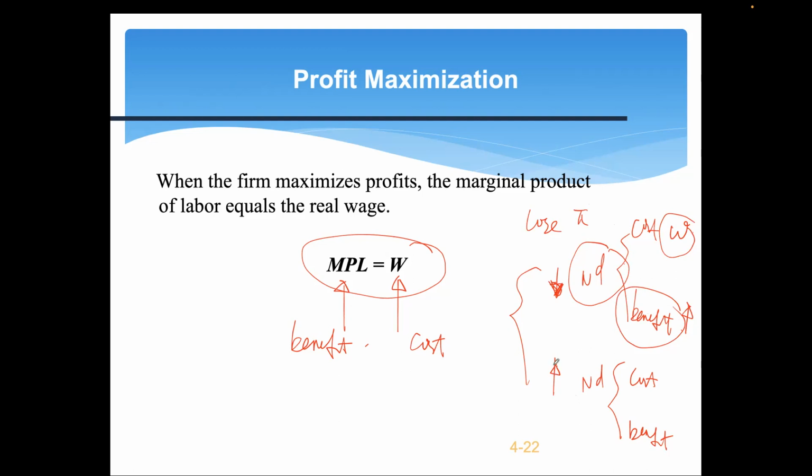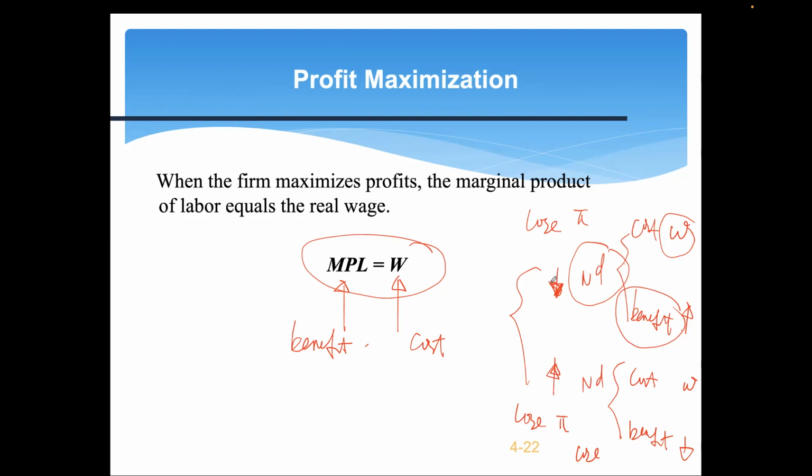On the other hand, if you increase, you hire an additional worker at W, but the MPL is lower because of the decrease in marginal product of labor. Hence, your marginal worker is going to bring you a loss. Right? So in either case, it's not a good idea to adjust.